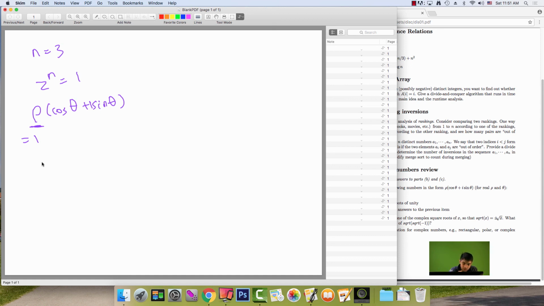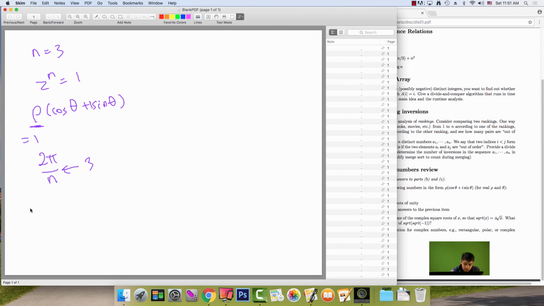It's going to start at 0 and go up to 2 pi, and it's going to go up by multiples of 2 pi over n, where again, n is our degree, in this case, 3.